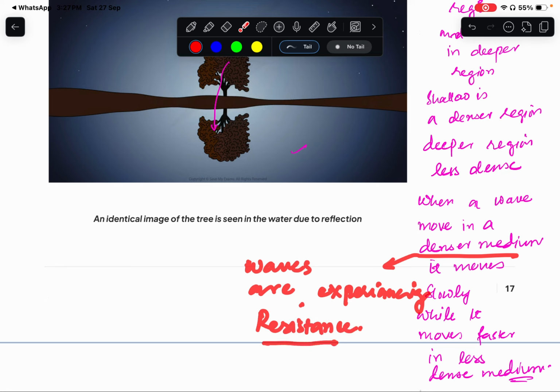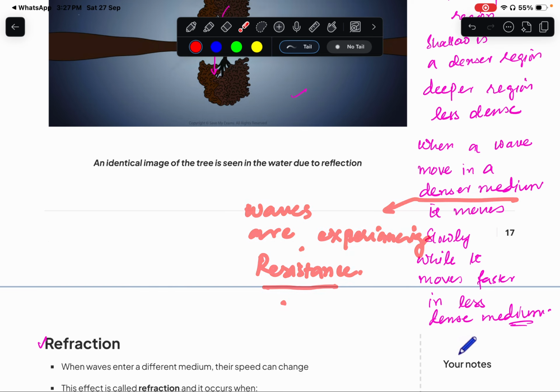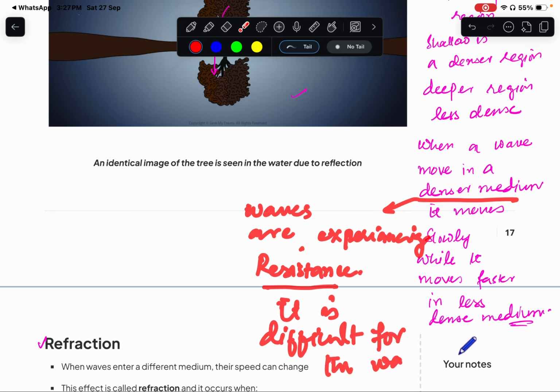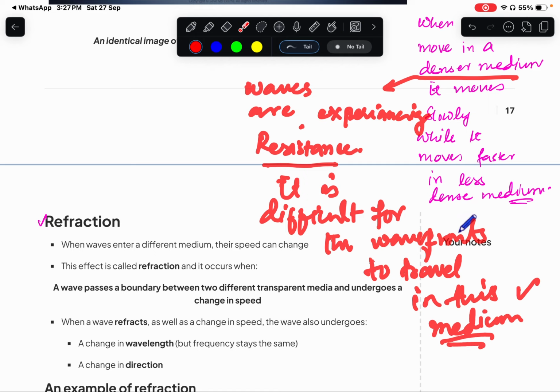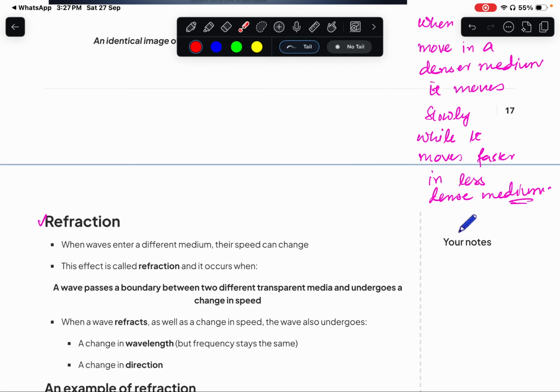The particles are greater in number, so it is difficult for the wavefronts to travel in this medium. And the opposite is the case with the less dense medium.